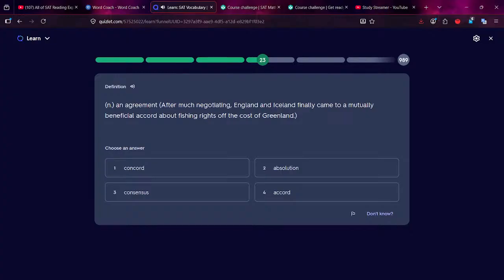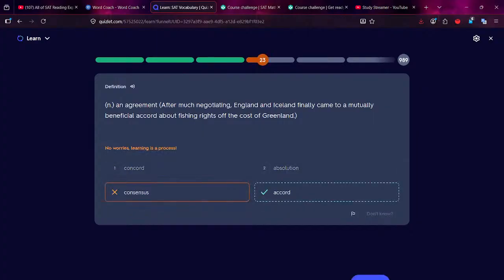An agreement is going to be a consensus, makes sense, but accord also makes sense. Absolution was a previous word. Concord sounds right, but I don't think so. Consensus makes sense.